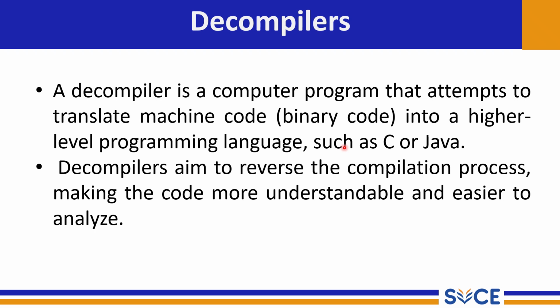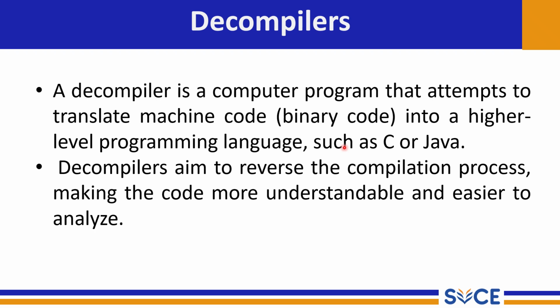If you take ILSpy, that is a popular open source decompiler for .NET applications. And second one, IDA Pro with the Hex-Rays decompiler. That is a powerful commercial tool for disassembling and decompiling a wide range of code. And third one, that is JADX, an Android decompiler, specifically designed for Android applications.